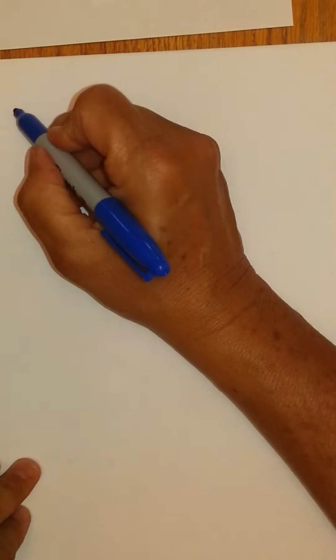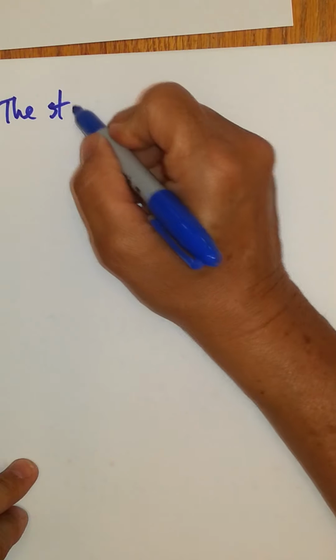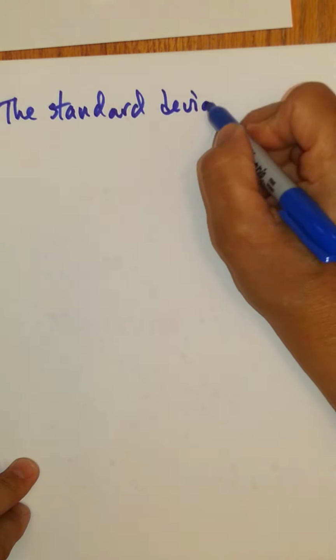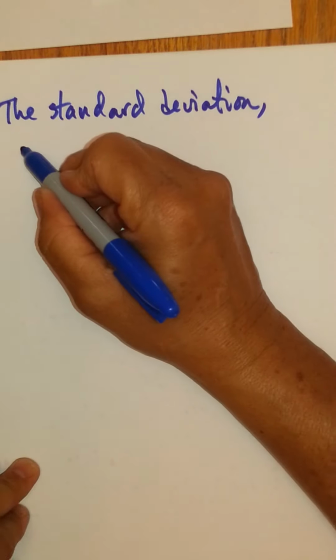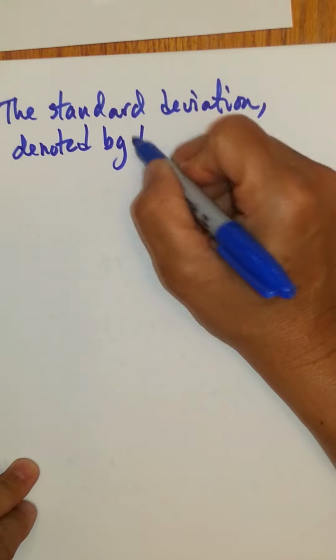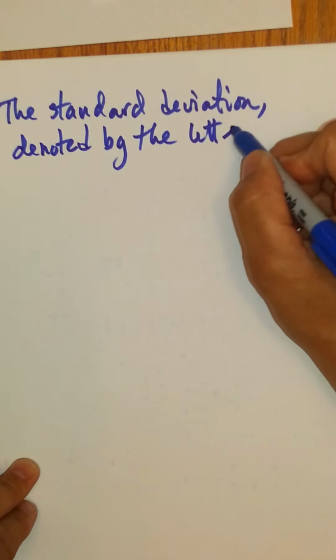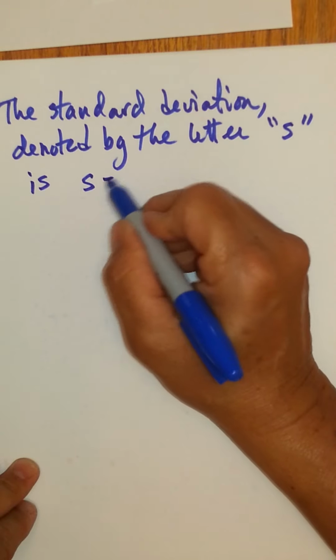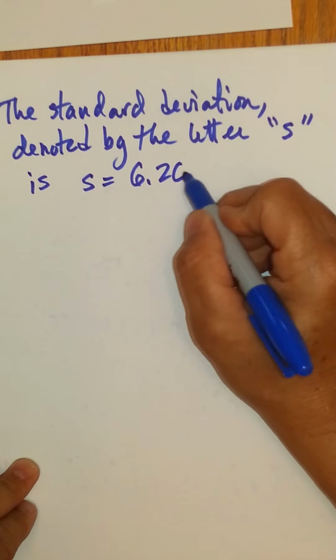Let me just write a sentence to interpret this. The standard deviation, denoted by the letter S, is S equals 6.26.